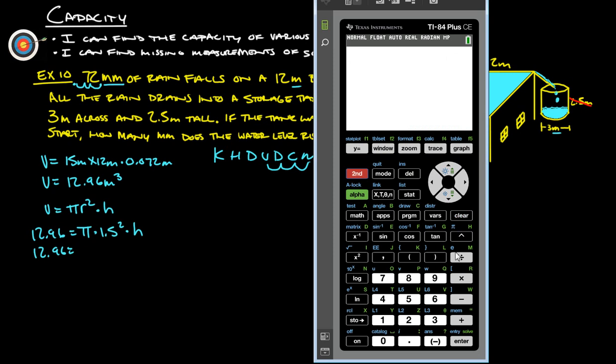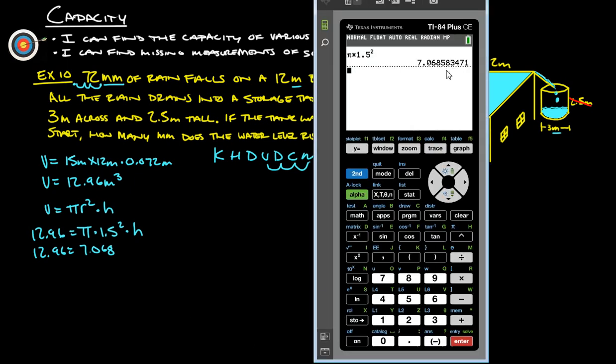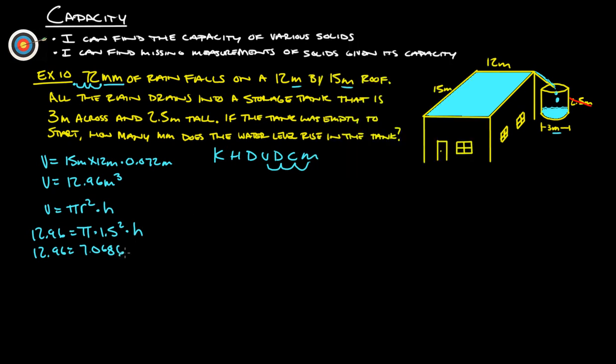So we've got pi times 1.5 squared gives us 7.068. I don't think I rounded that off, did I? I just chopped it off. So 7.0686. Let's put a 6 on the end there. That makes it a little bit better. Times the height.